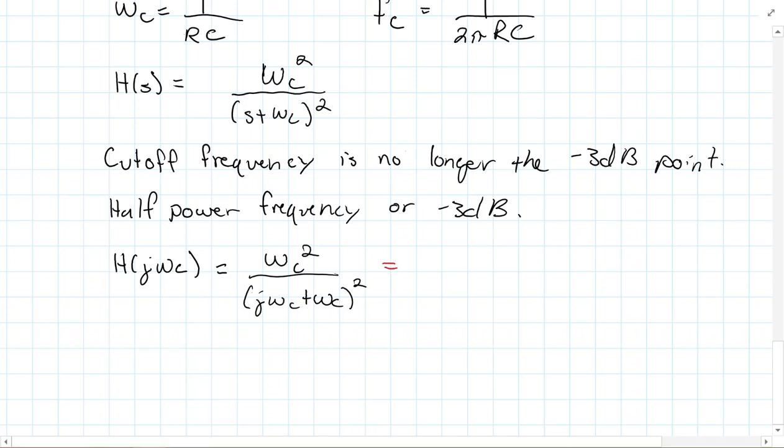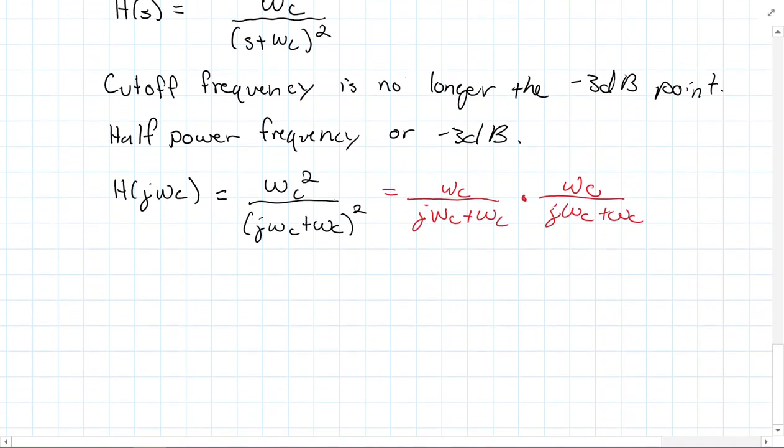But let's think what we can do here. This is equal to omega C over j omega C plus omega C, times omega C over j omega C plus omega C. Now, why would I write it like that?